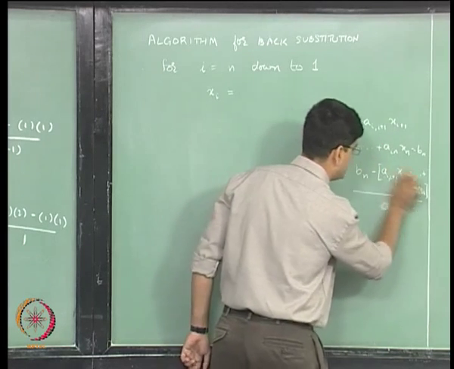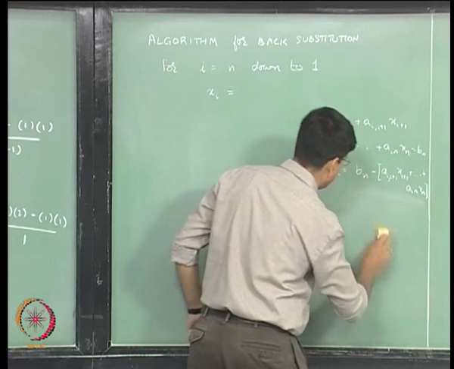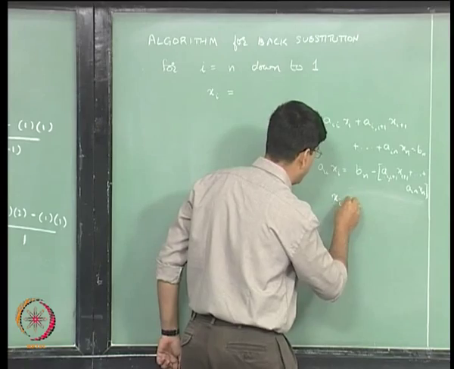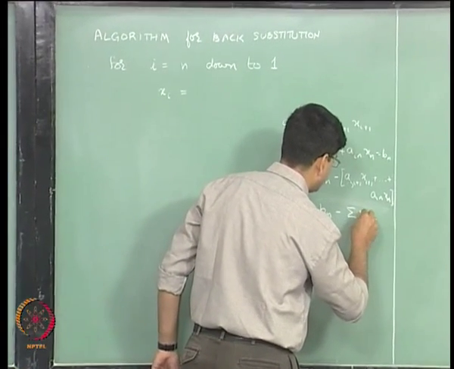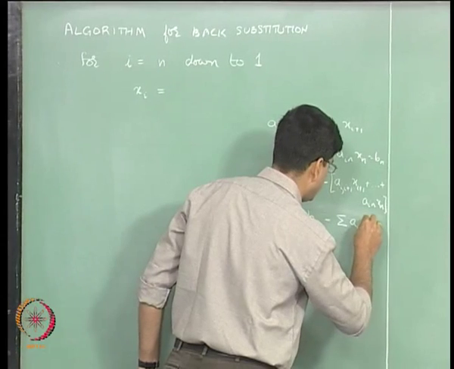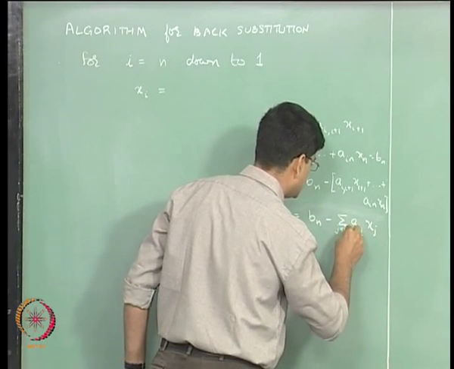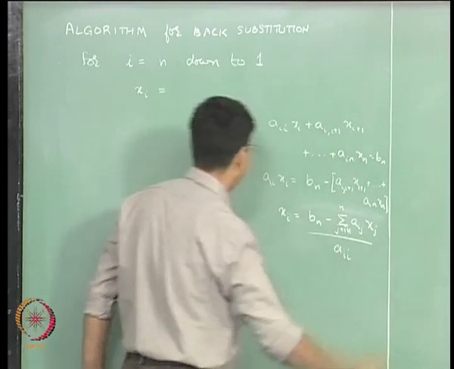Okay, so in the shorthand notation, dividing by aii we will get bi minus summation aij xj, j equal to i plus 1 to n, divided by aii.